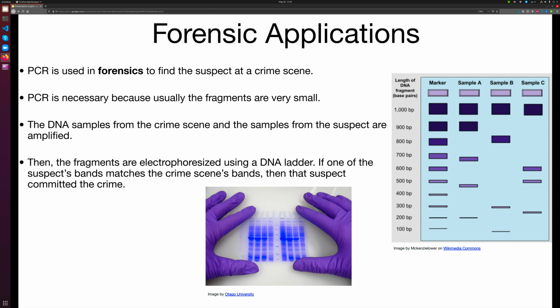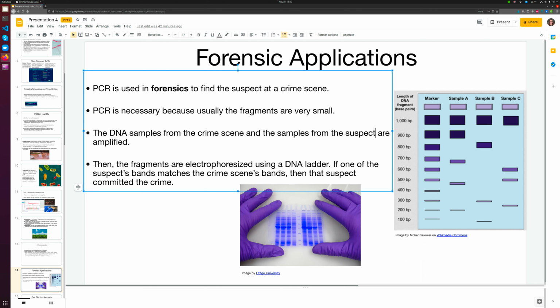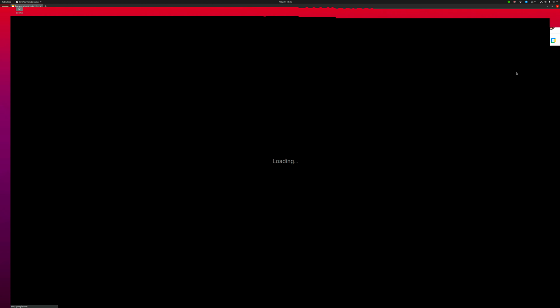Forensic applications. PCR is used in forensics to find the suspect at a crime scene. PCR is necessary because usually the fragments are very small. The DNA samples from the crime scene and the samples from the suspects are amplified.